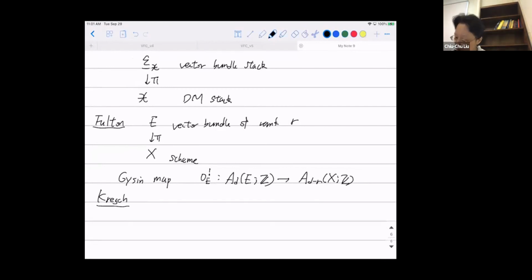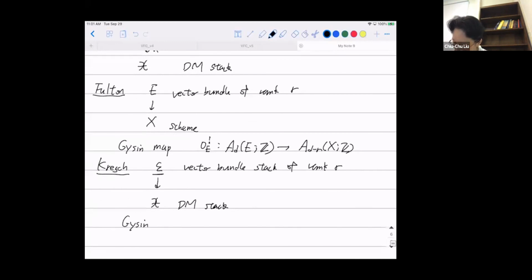So now the case we have is actually the following. The base is now a Deligne-Mumford stack, and this is a vector bundle stack of rank r.